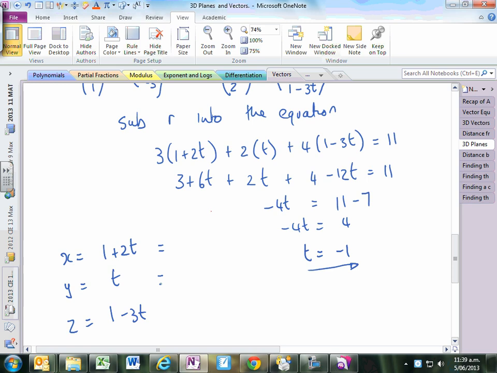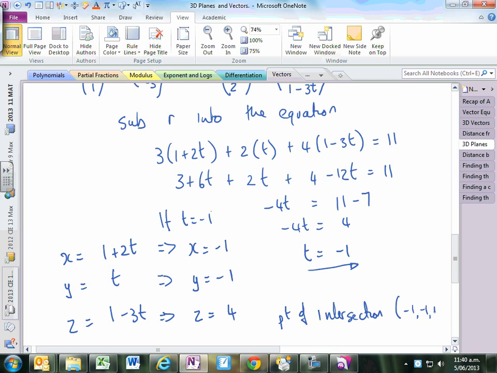So it will follow that if t is equal to minus 1, x is going to be minus 1, y is going to be minus 1, and z is going to be 4. So the point of intersection will be (minus 1, minus 1, 4).